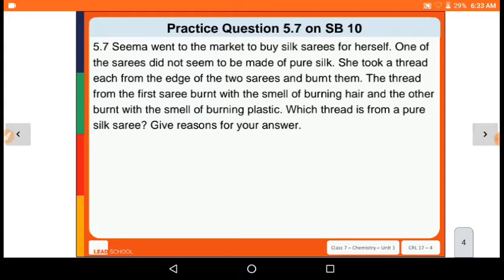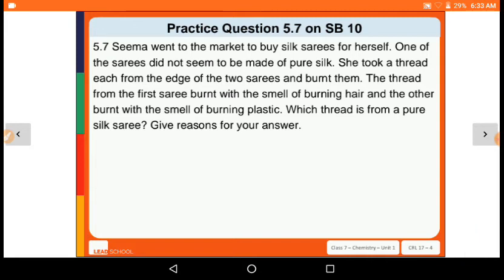5.7 Seema went to the market to buy a silk sari for herself. One of the saris did not seem to be made of pure silk. She took a thread from the edges of the 2 saris and burned them. The thread from the first sari burnt with the smell of burning hair, and the other burned with the smell of burning plastic. Which thread is pure silk?